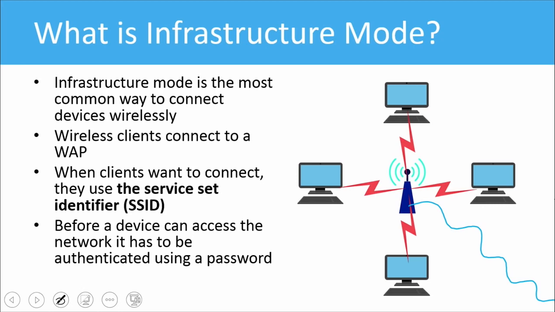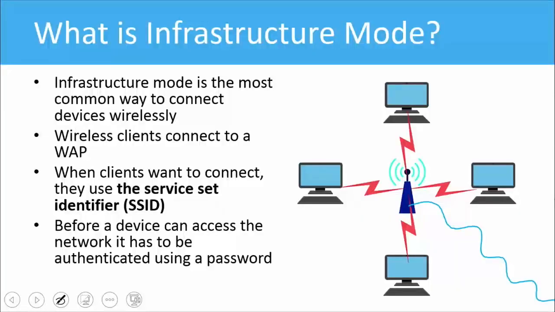When clients want to connect, they use a service set identifier. So if you are connecting to the internet through an internet service provider and you have a home router, you probably are connecting by using a service set identifier, an SSID, right now.